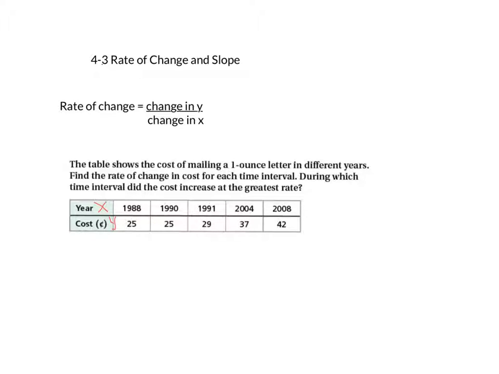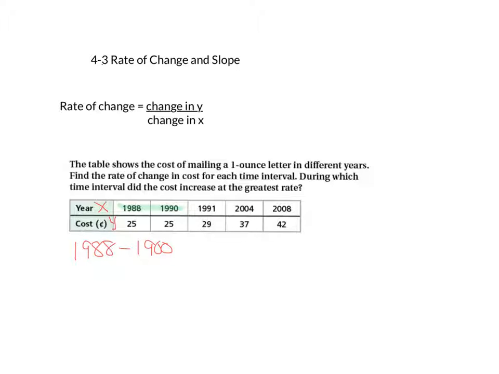Okay, so now I'm able to find the change in y over the change in x for each interval. The first interval that I'm going to look at, I'll highlight in green here, is from 1988 to 1990. So I'm just going to write down below 1988 to 1990. And I want my change in y over my change in x.